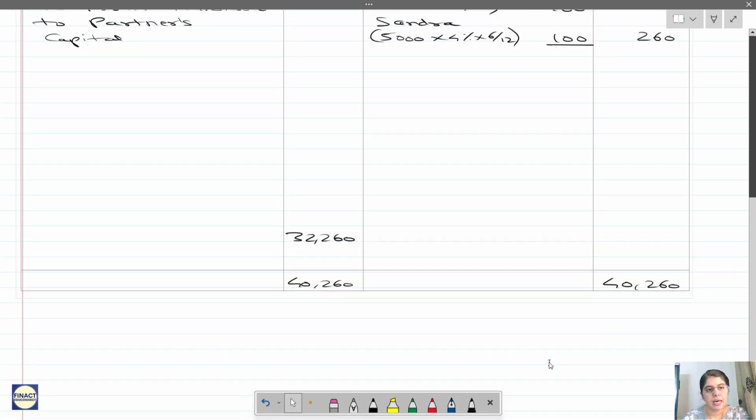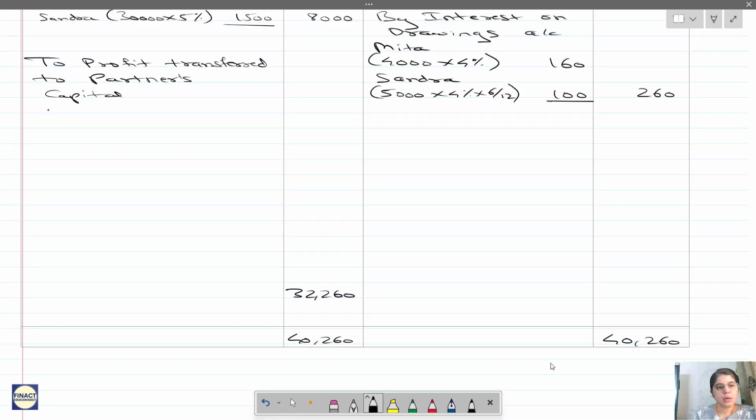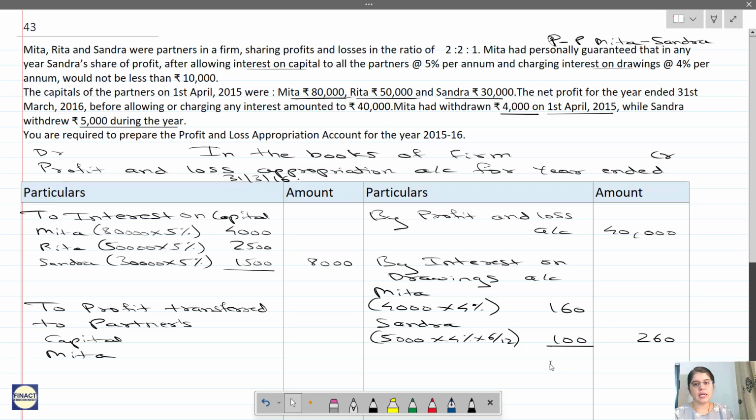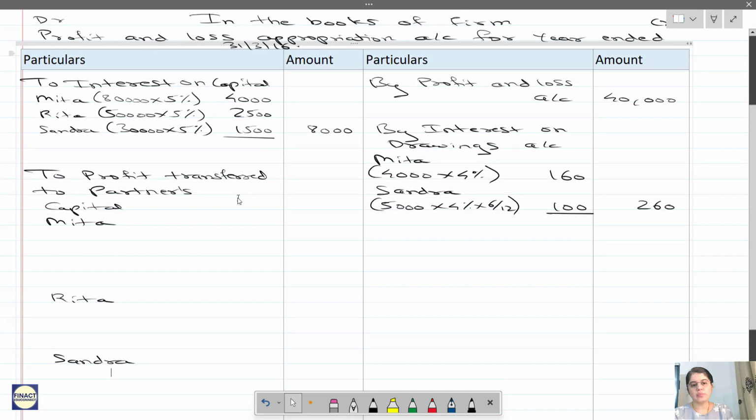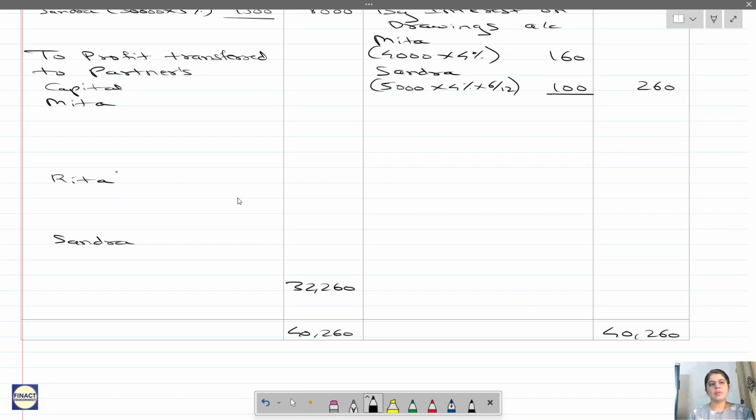You have three partners, right? Meeta, Rita and Sandra. Meeta, then leave 2-3 lines, Rita, leave 2-3 lines, and Sandra. What is their profit sharing ratio? Profit sharing ratio is 2:2:1. Correct? So Meeta's share will be 32,260 into 2 by 5.